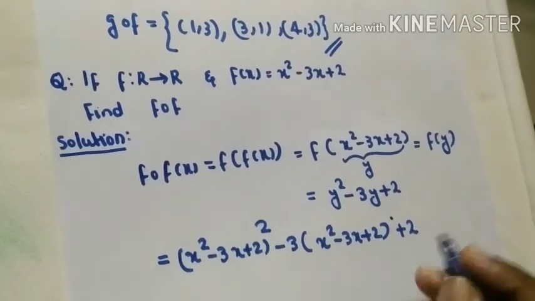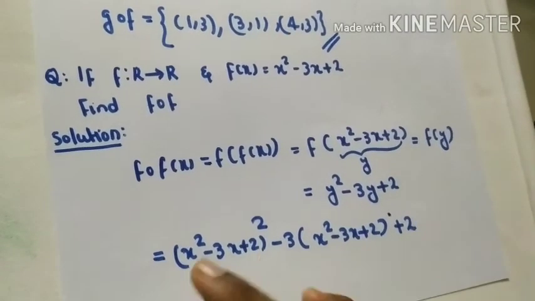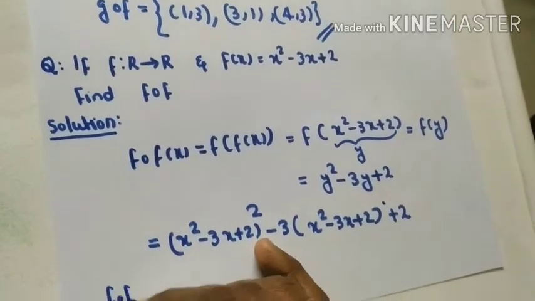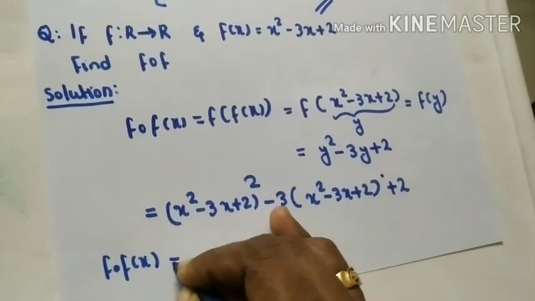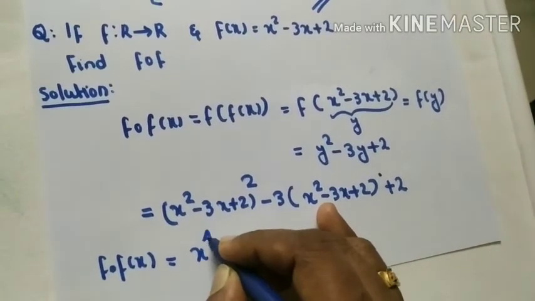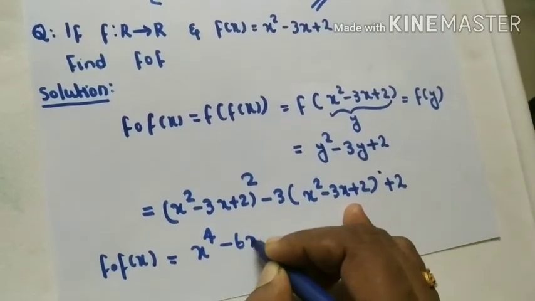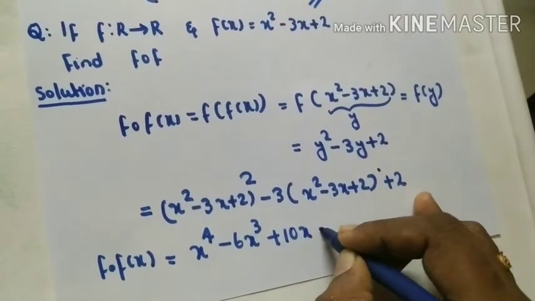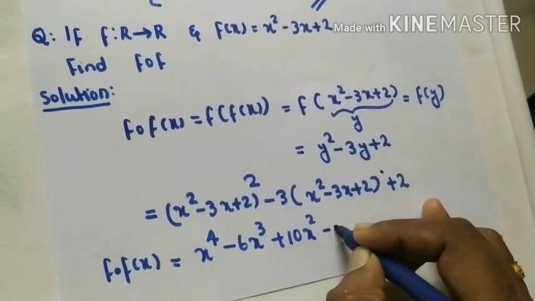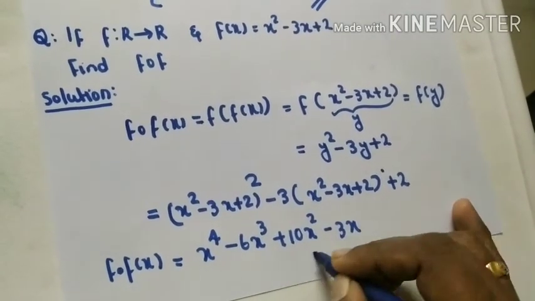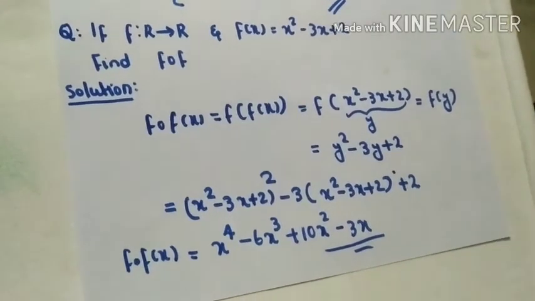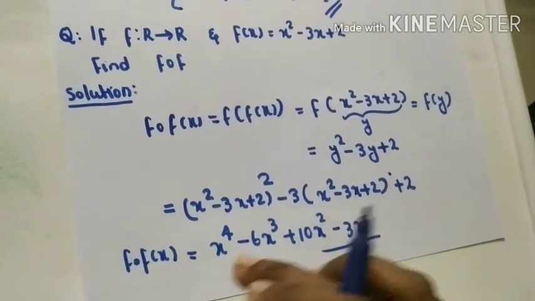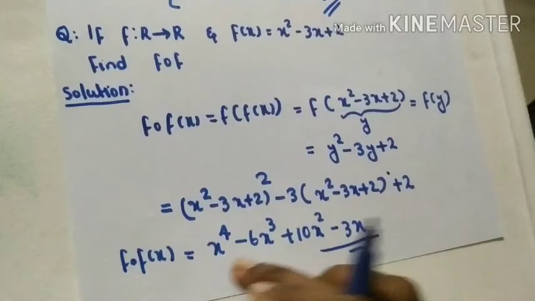Simplifying all this, f of f of x becomes x raised to 4 minus 6x cube plus 10x square minus 3x. So this is our answer.